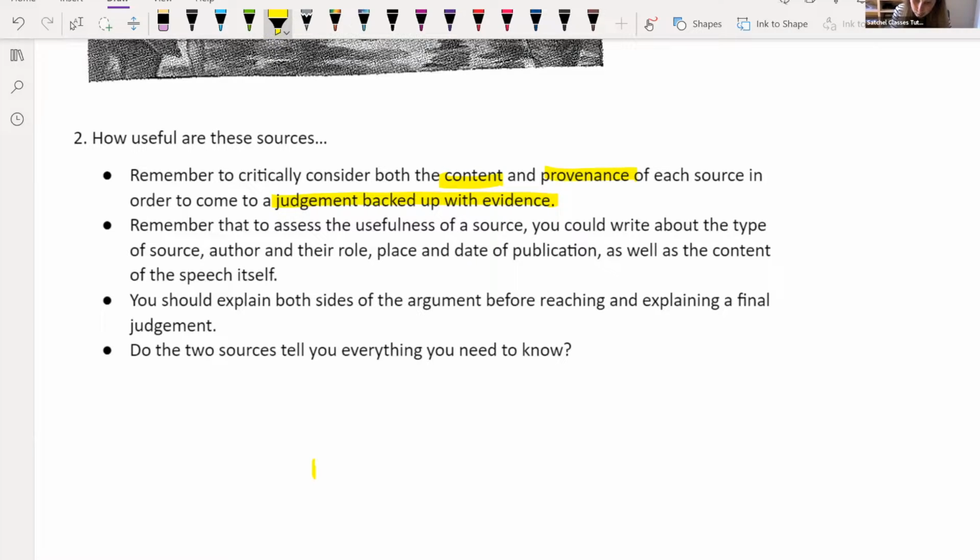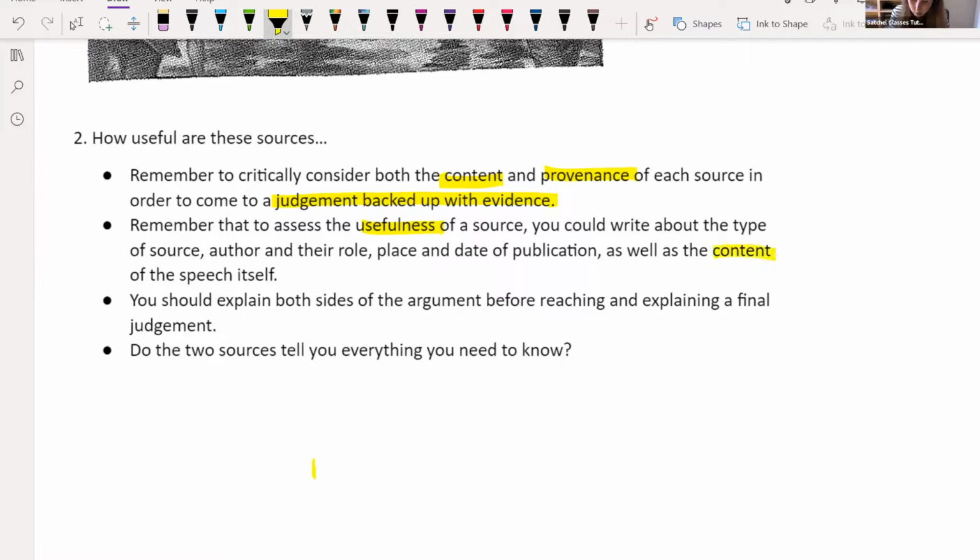Remember to assess the usefulness of a source. You could write about the type, the author, their role, place, date of publication, but you haven't got time to do all of those when you're talking about the provenance. You'd focus on one or two.